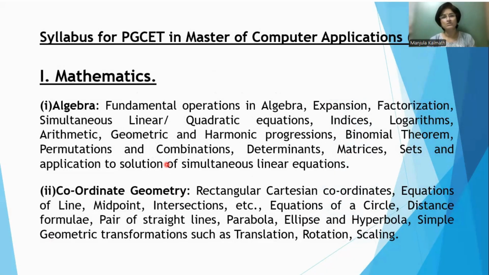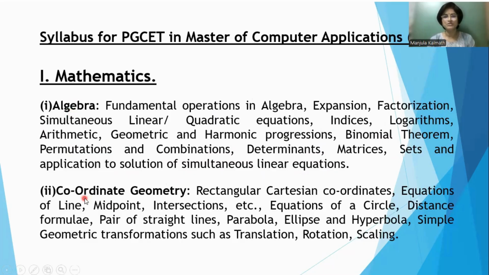In algebra, you are going to learn fundamental operations in algebra, expansion, factorization, simultaneous linear or quadratic equations, indices, logarithms, arithmetic, geometric and harmonic progression, binomial theorem, permutations and combinations, determinants, matrices, sets and application to solution of simultaneous linear equations. So what all you learned in one particular semester, everything will be included in this first topic itself in mathematics.